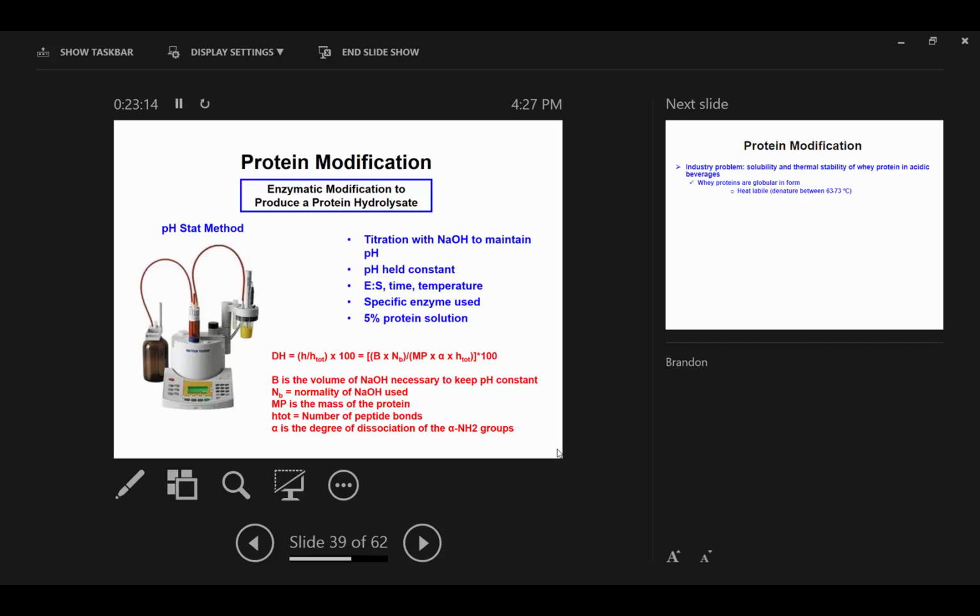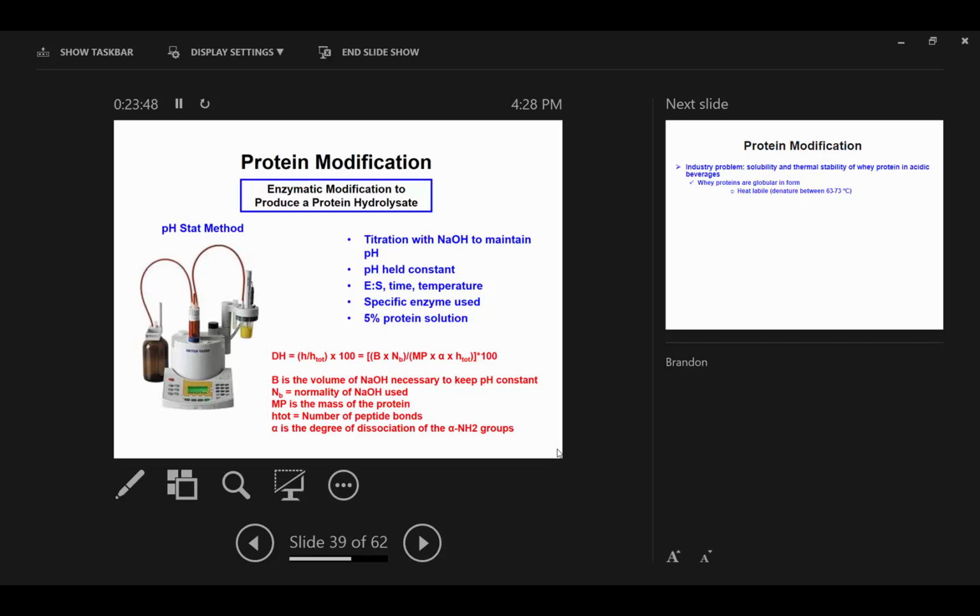When protein is hydrolyzed, you are releasing carboxyl groups, so pH tends to reduce. As you hydrolyze more peptide bonds, the pH will go down and down and down. In the pH stat method, you titrate. Here's where you put your buffer, sodium hydroxide. Here's your sample, and usually you have a water bath to control the temperature, and a thermostat, and then you have the titration tube that goes in it.